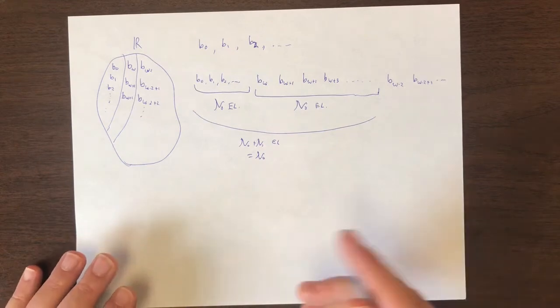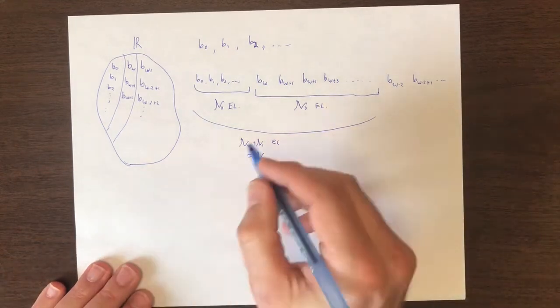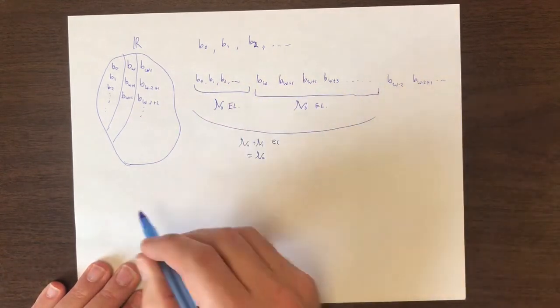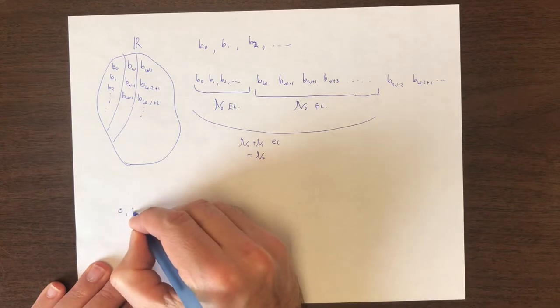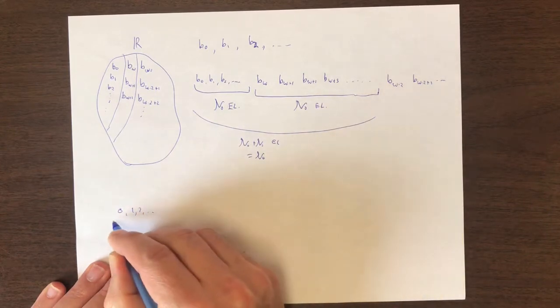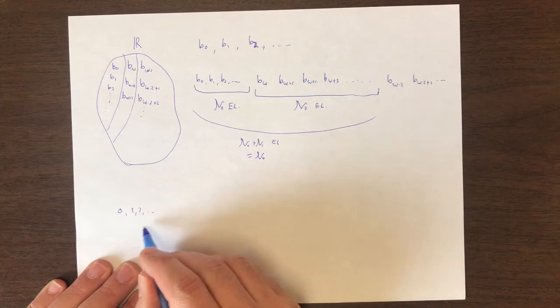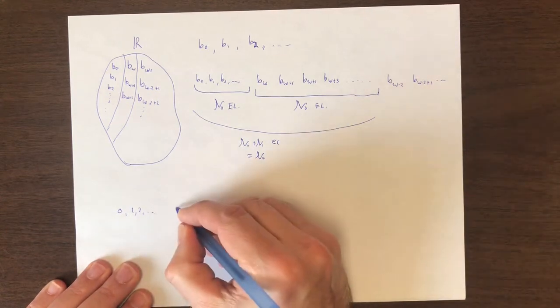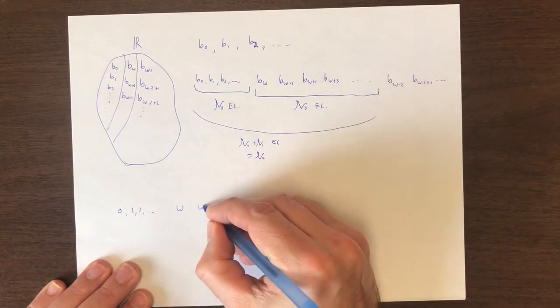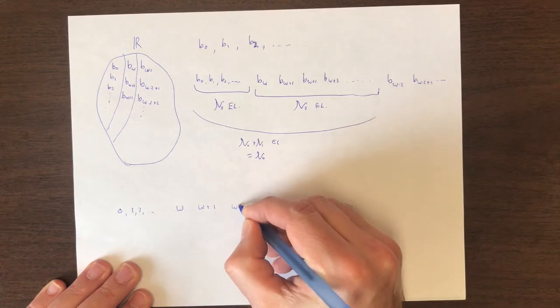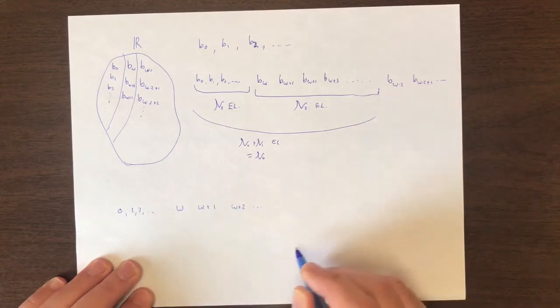So let's now look only at the labels. We have 0, 1, 2, etc., and that's already an infinite sequence. Then after that infinite sequence, we have omega, omega plus 1, omega plus 2, and that's another infinite sequence.